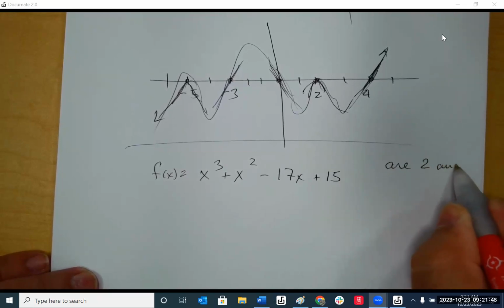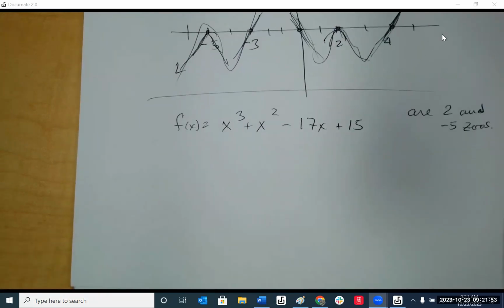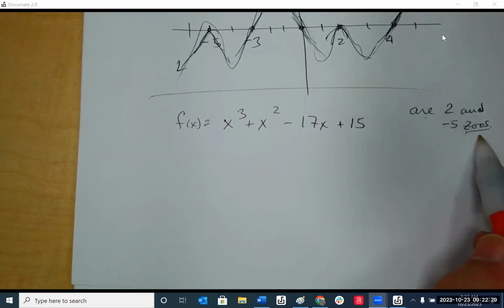Are 2 and -5 zeros of this polynomial? Besides staring at it, what would you do? What does zeros mean? It says, are these numbers zeros of this polynomial?